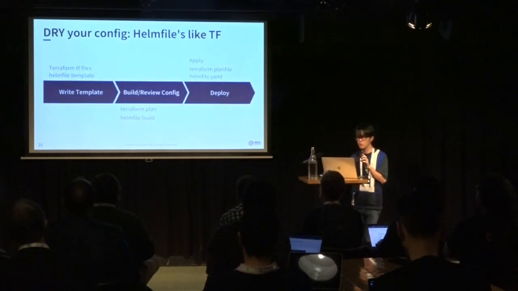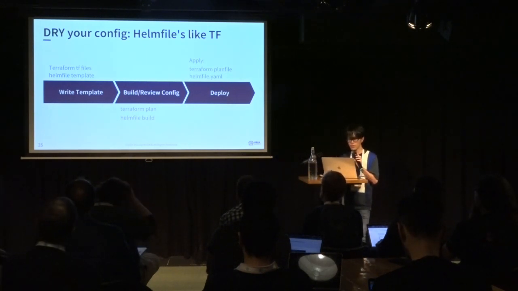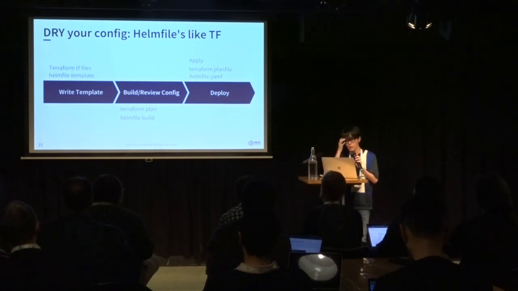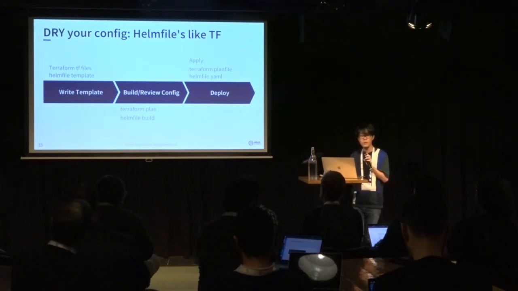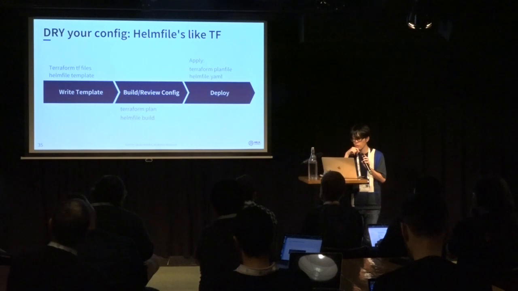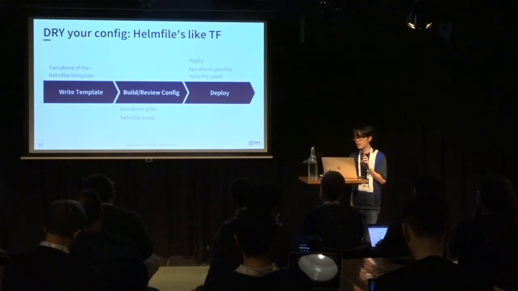So it is very easy to review the result. Okay, so it's like Terraform, but for Helm. So if you have used Terraform before, Helmfile build looks like a Terraform plan, and Helmfile apply looks like Terraform apply.